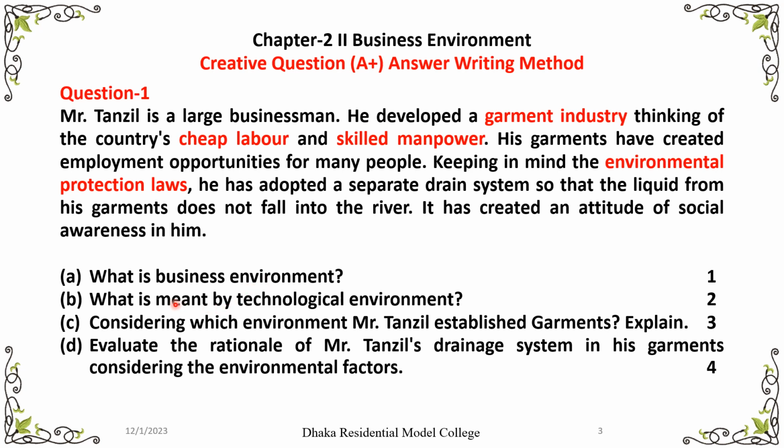Number B, comprehension type creative questions. Number C, application type creative questions. Number D, higher skill type creative questions. A and B, that means knowledge and comprehension type questions, are not related with the STEM. So you have to write the answers to these types of questions by memorizing the answer from your book.